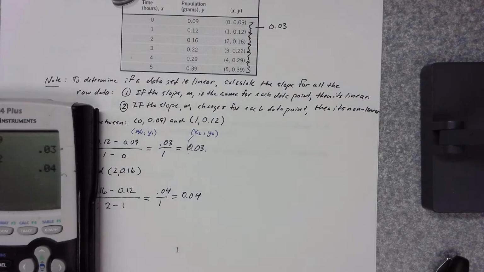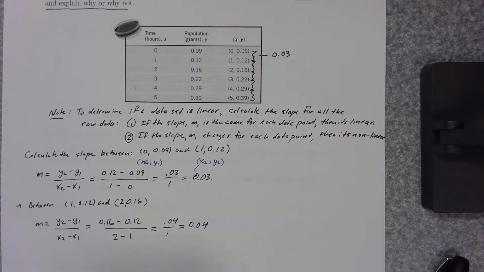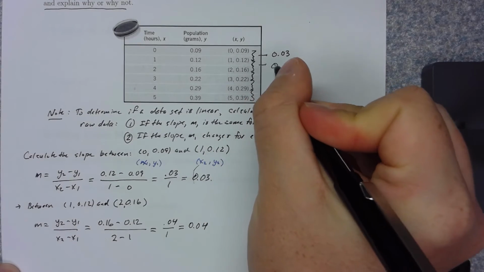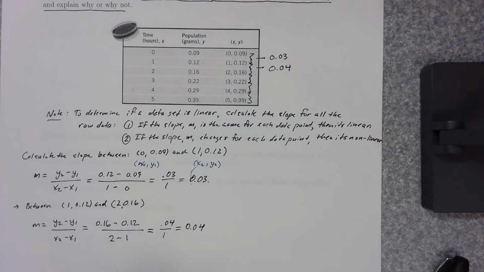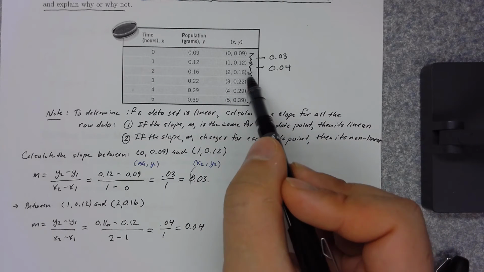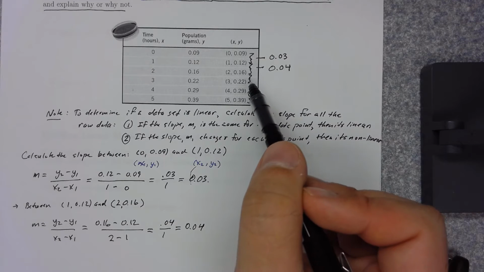Uh-oh. What does that mean? That means that the slope between these two ordered pairs is 0.04. So guess what? The slope is changing between each data point. So this is actually nonlinear.